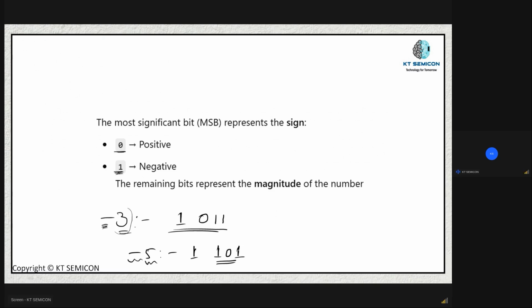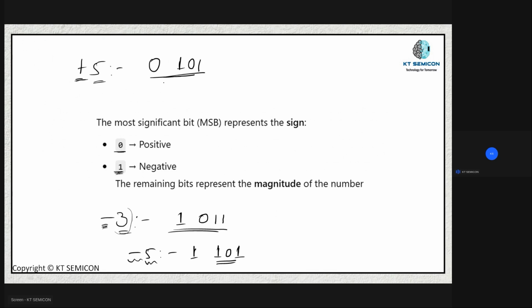So this is how I represent negative numbers. Let's say I want to represent plus 5. For the plus, I use the sign 0, and for the magnitude 101. So this is how I represent a positive number.